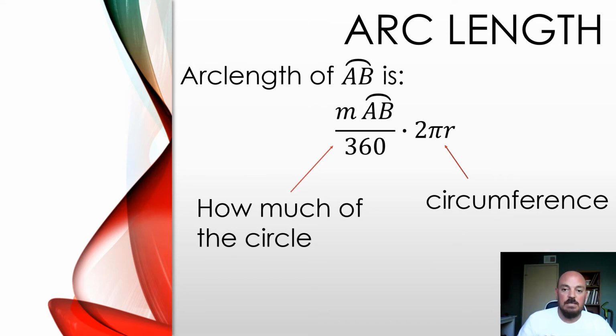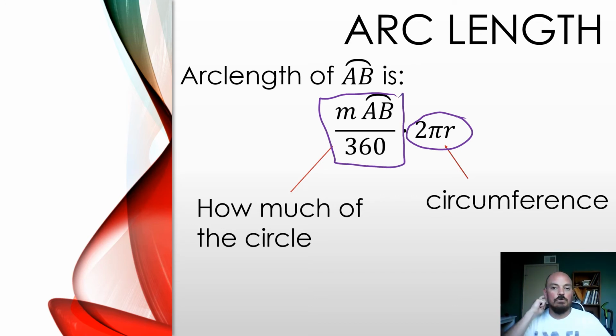If it's 90 degrees, it's 90 out of 360, or 90 divided by 360. So we're using fractions or proportions to determine how much of the circumference to use. But really it's a formula: the measure of the arc, or the central angle, in degrees, divided by 360, times the circumference.